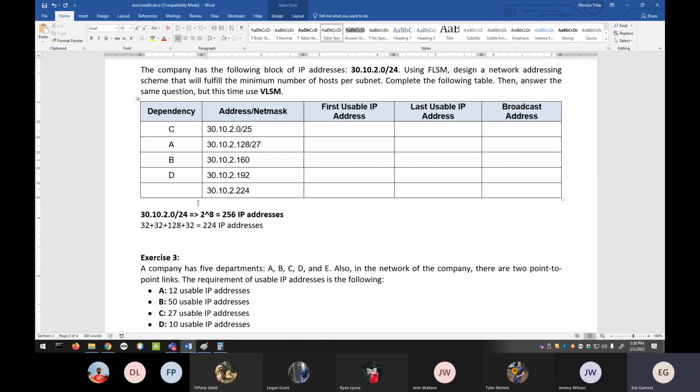So 32 minus 27 gives us 5. 2 to the power 5, 32 IP addresses. So if I want to give 32 IP addresses, it has to be a /27. This one also needs a /27 in department B. In department D, they also need a /27. So they get 32 IP addresses, okay?